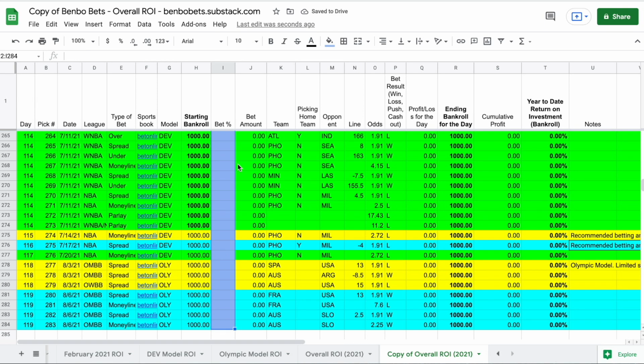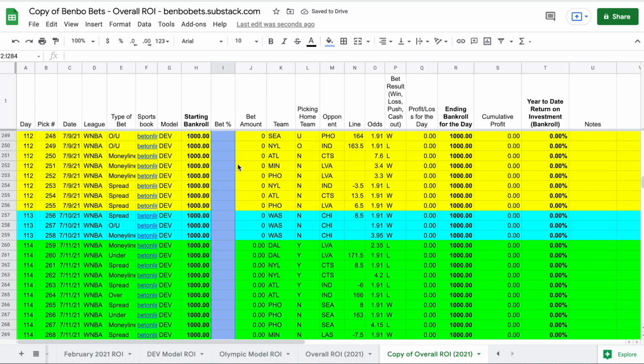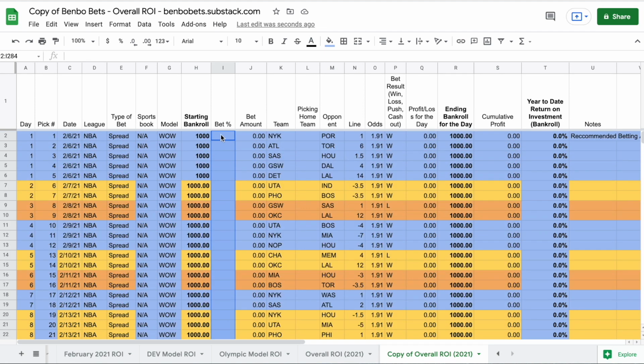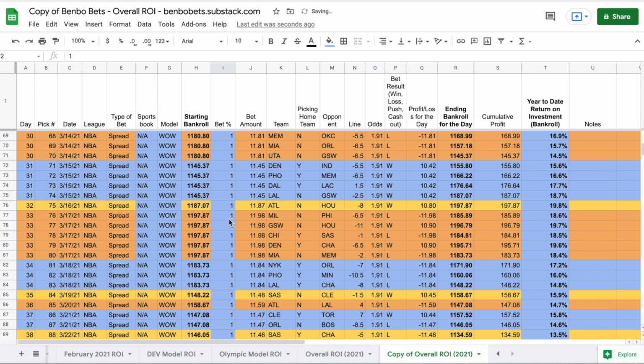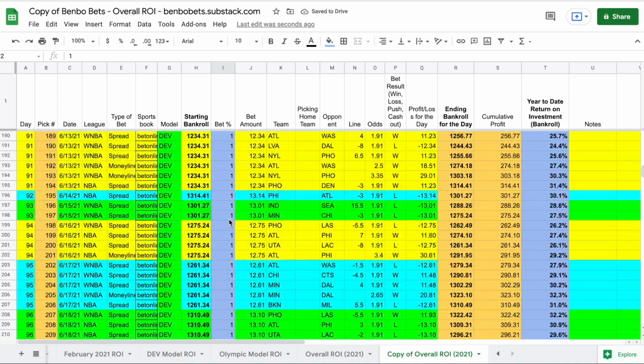The most plays we've offered on any given day are 13. So 13 plays, let's say at a 5% betting percentage, that's 65% of your bankroll exposed. At 10%, it's beyond 100% of your bankroll. So now let's do 1%. Okay. So 1% would expose 13% of your bankroll.